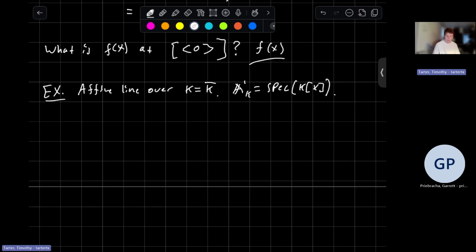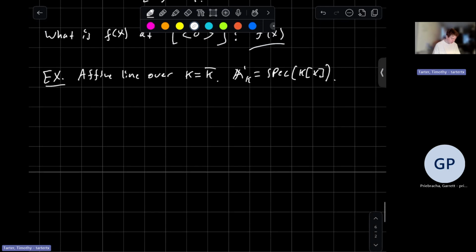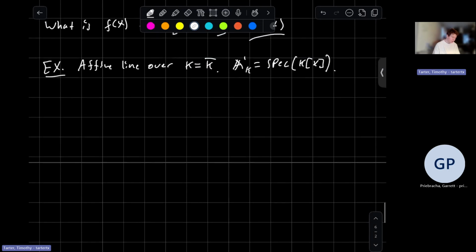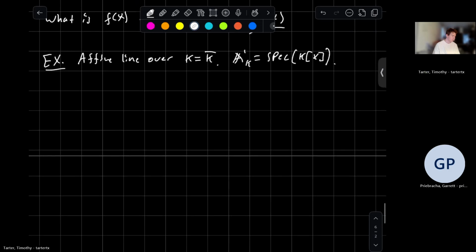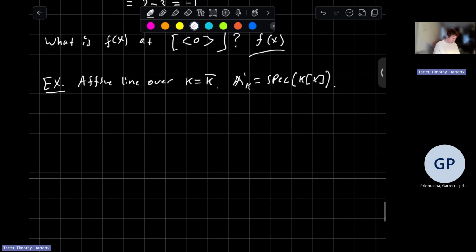This is the affine line over K. We will use the same picture of the affine line. They look suspiciously the same because of the smallest algebraic closure of non-finite fields being the complex numbers.